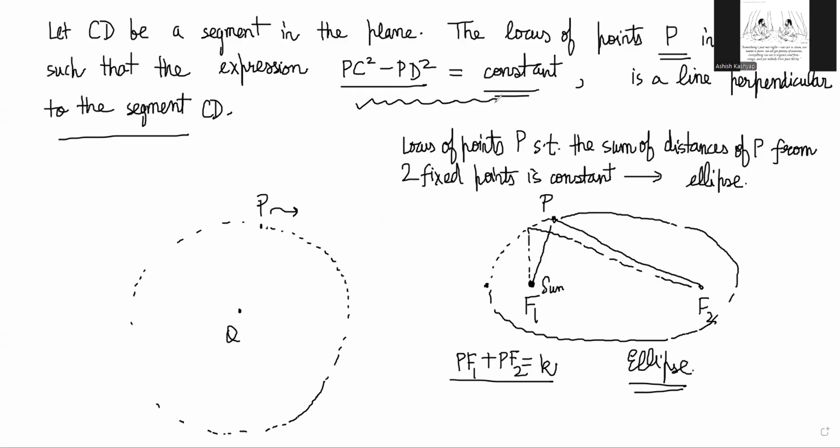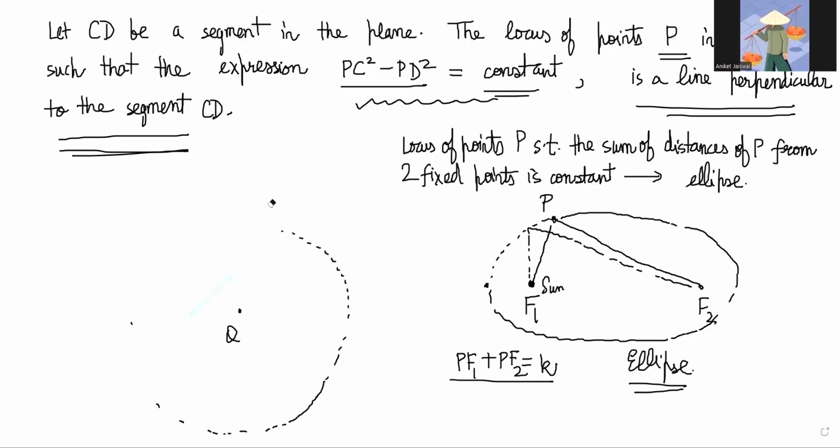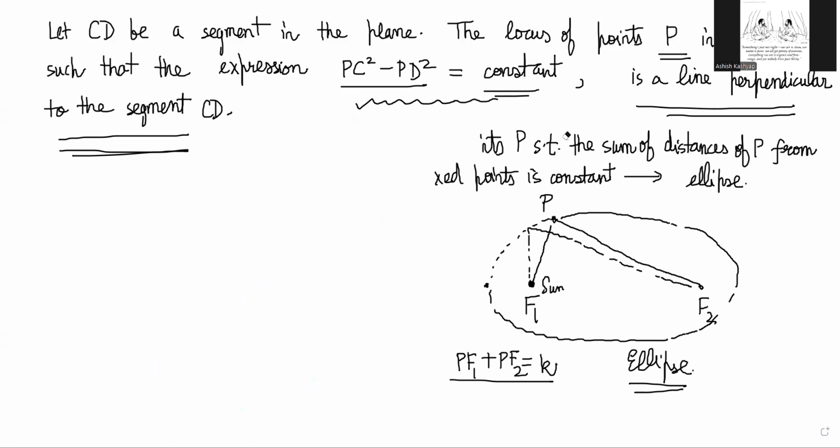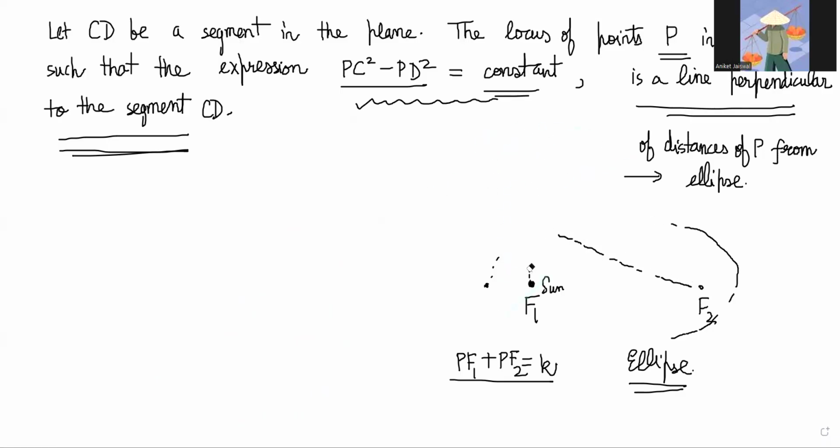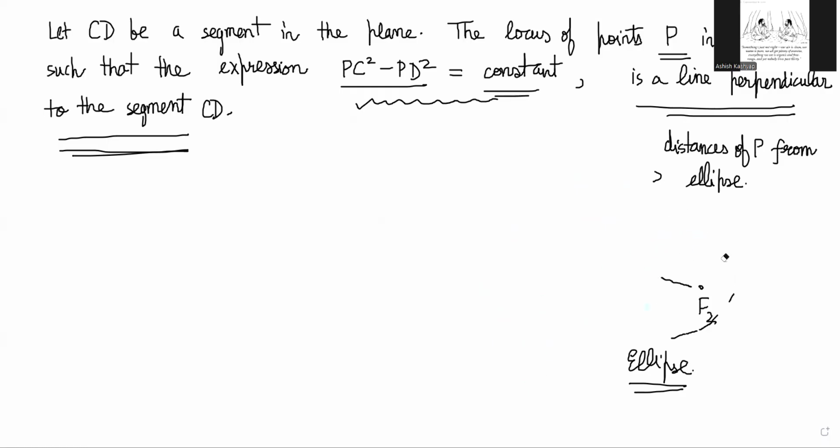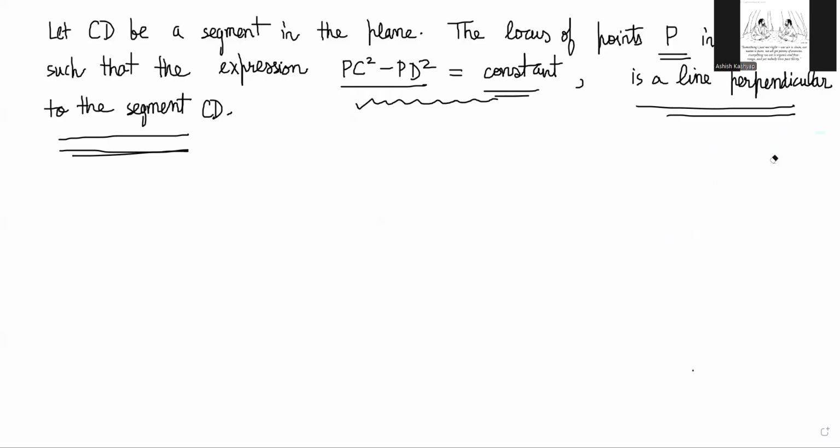And that locus is a line perpendicular to the segment CD. That is what we want to prove. Just like here we got the locus being a circle and an ellipse, in this case the locus is supposed to be a line perpendicular to the segment CD. So we'll show that first, and then we'll use that to prove our criteria for perpendicularness.